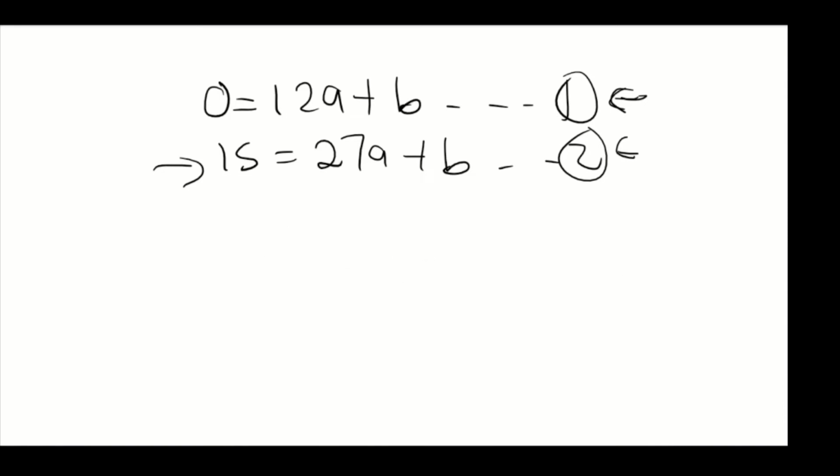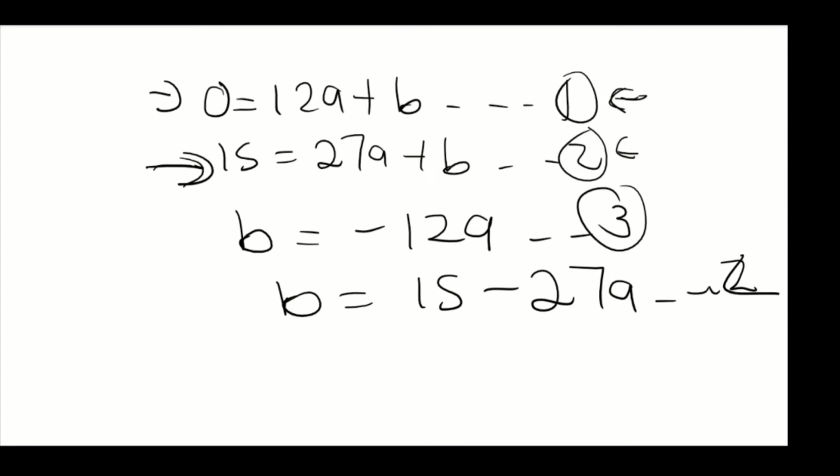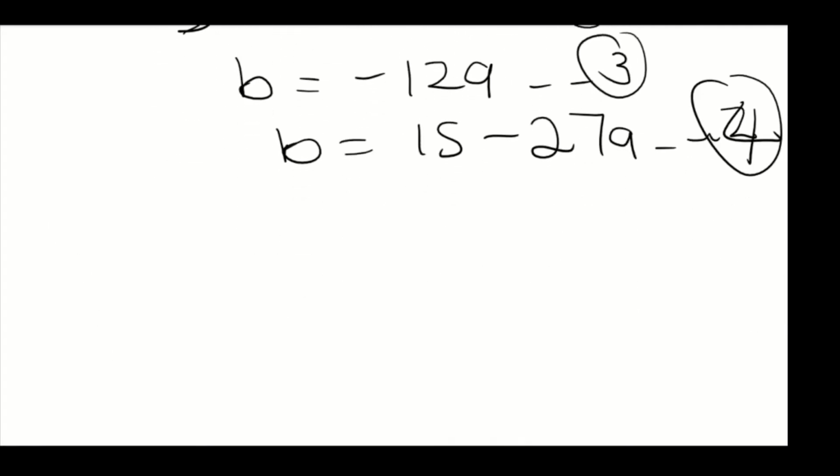So to equate our equations, starting with equation 1, we say b is equal to -12a. This is equation 3, and this one here we say b is equal to 15 minus 27a, which is equation 4. So we can simply say equation 3 is equal to equation 4.